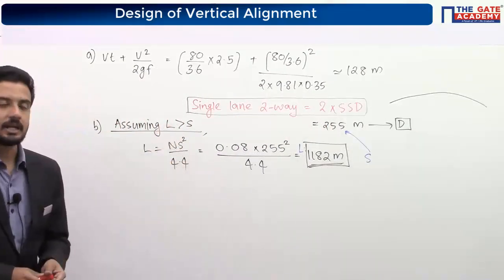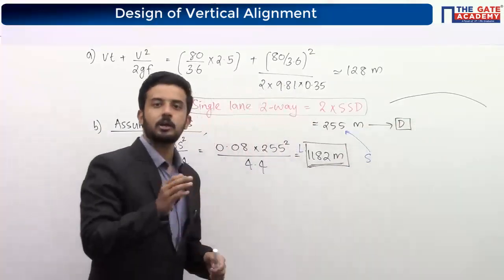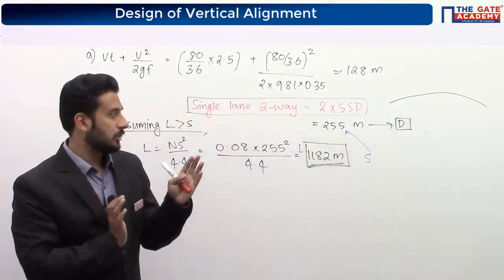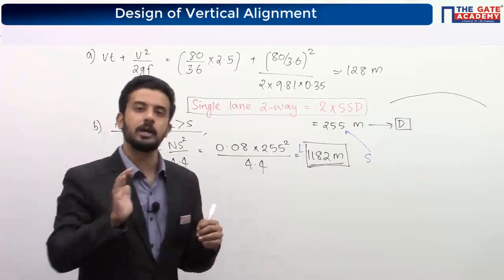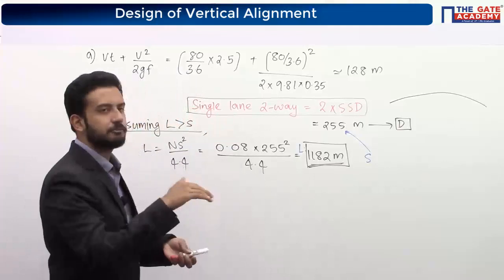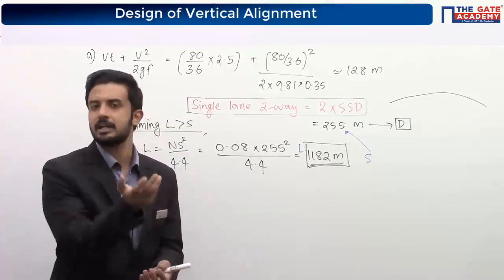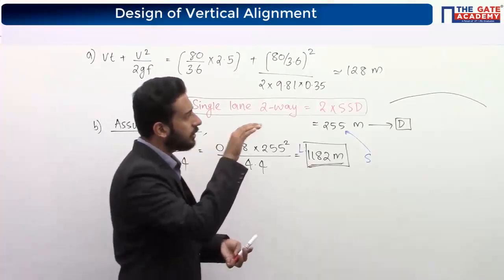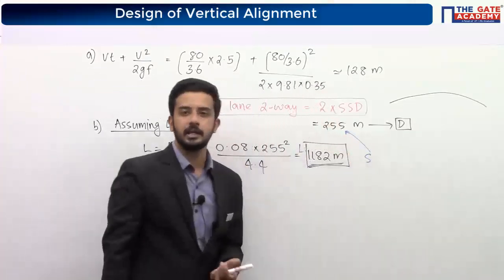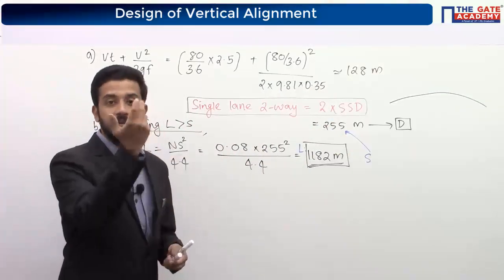Coming to the stopping sight distance, if you are going upward, your stopping sight distance is going to decrease, right? F plus n by 100, so the denominator is going to increase, so stopping sight distance will decrease. Whenever you are going downward, then your stopping sight distance will increase.